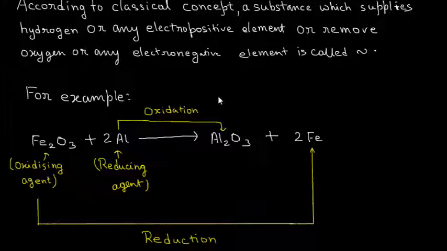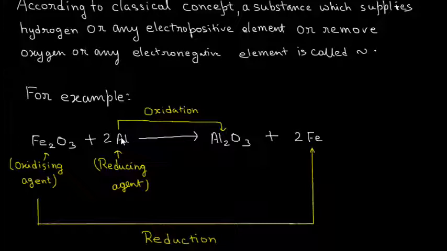And what is oxidizing agent or oxidant, and what is reducing agent or reductant in the same equation. So we have an equation Fe2O3 plus 2 aluminum gives Al2O3 plus iron. We have balanced the equation.